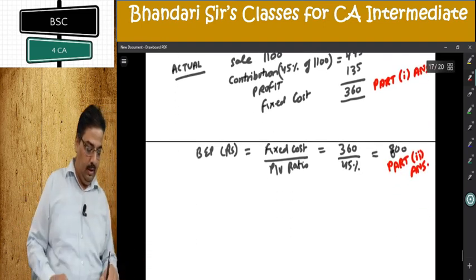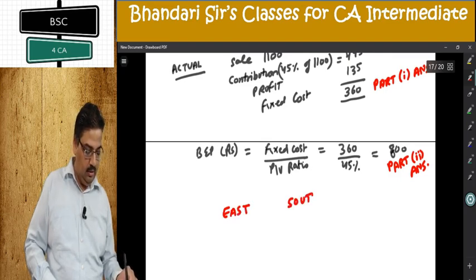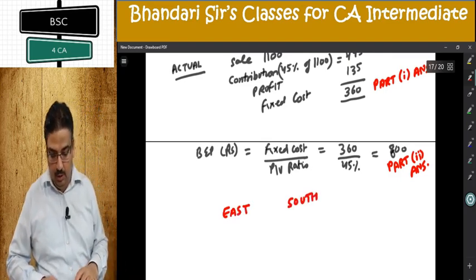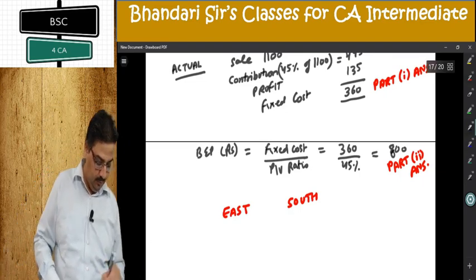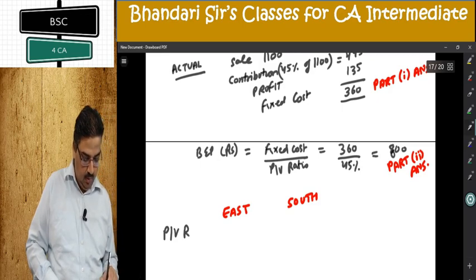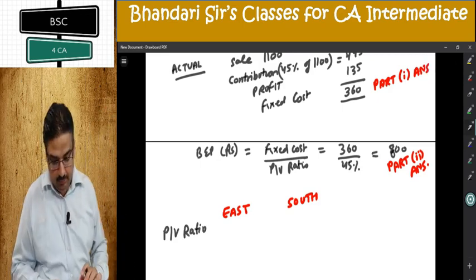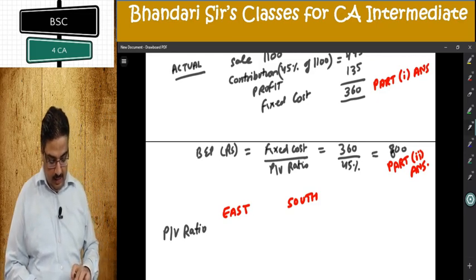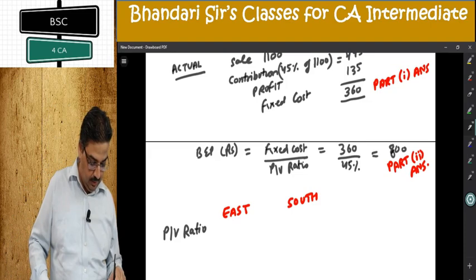What you are going to get for east and south: I may compute the PV ratio first here itself. In short, I am doing it here. PV ratio is not asked, but without that you will not be able to start. For east it is 90 divided by 150, 60%.